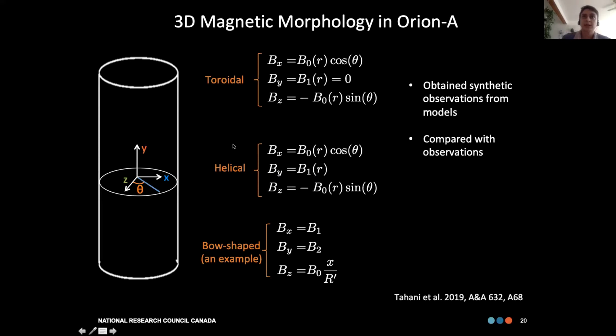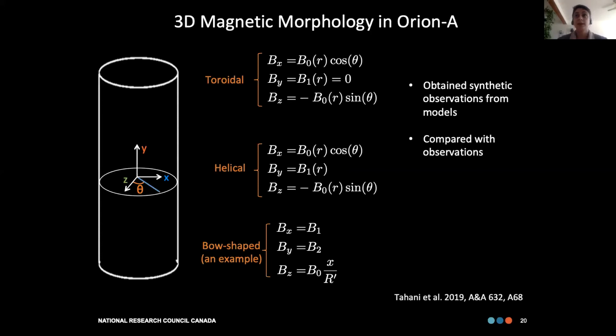In the toroidal, the magnetic fields are wrapping around the cylinder, and there are no Y components. In the helical, we do have a pitch angle, and then this component is not zero anymore. And the bow-shaped morphology is one of the simplest morphologies that represents a wrapping of magnetic field lines and is divergence-free.